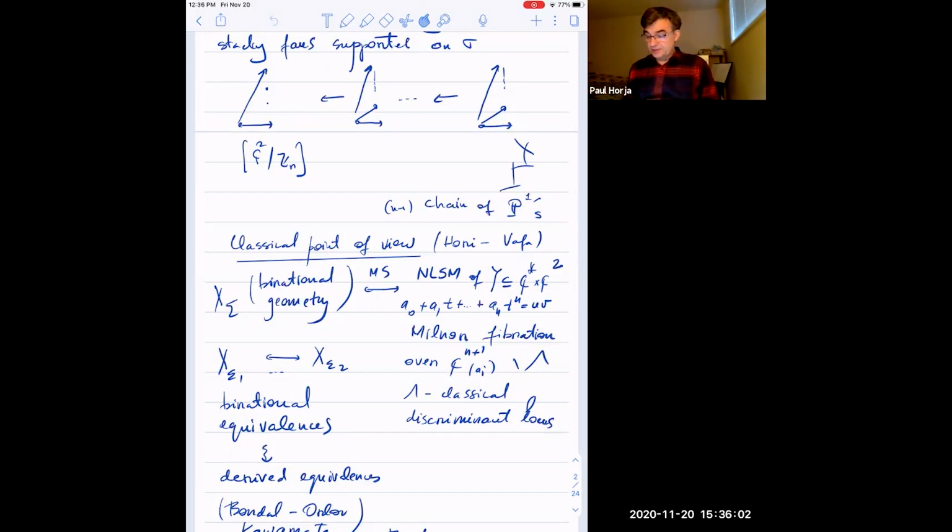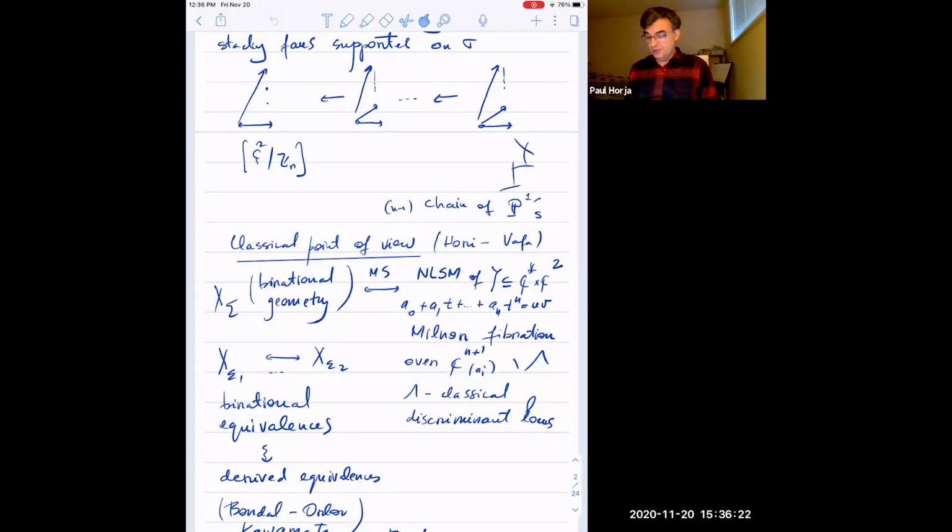And on the right-hand side, you look at the mirror, and one way to think about this mirror, the way they phrased it, is as a nonlinear sigma model. So the mirror you can think of as Y, a hypersurface in C star cross C2.